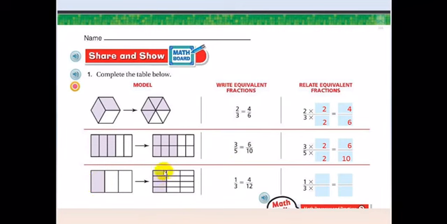And here I have 1, 2, 3, 4, 5, 6, 7, 8, 9, 10, 11, 12. Okay, 12 parts. I colored 4 parts. 1 times what gives me 4? 1 times 4, and 3 times 4 gives me 12. We multiply by 4 over 4, equals 4 over 12.